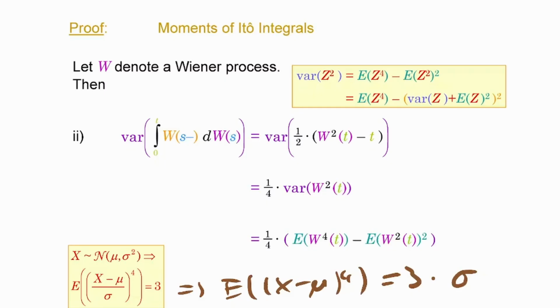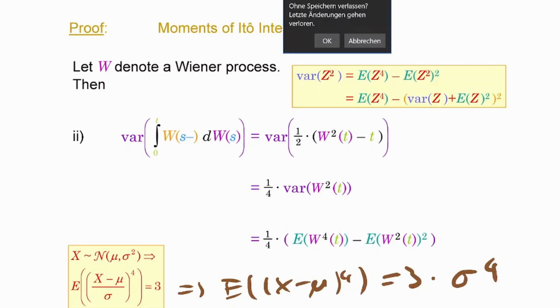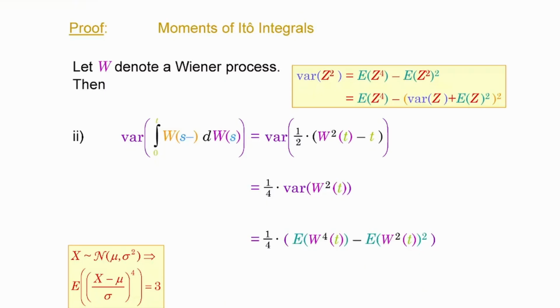That was the square of the variance, you see? And that is what you end up with. So we need the square of the variance, which is t squared, because the variance is equal to t. So you have 1/4 times 3 times t squared.